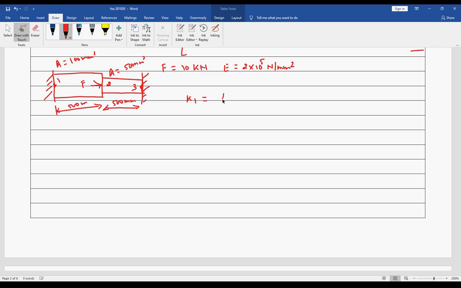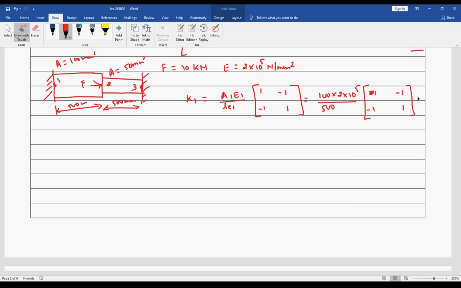So I say K1 is equal to A1 E1 by LE1 times the matrix 1 minus 1 minus 1 1, and that I supposed to get A is 100, E is 2 into 10 to the power 5, L is 500, sorry, 1 minus 1 minus 1 1.